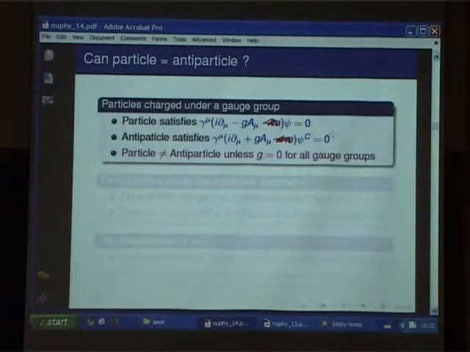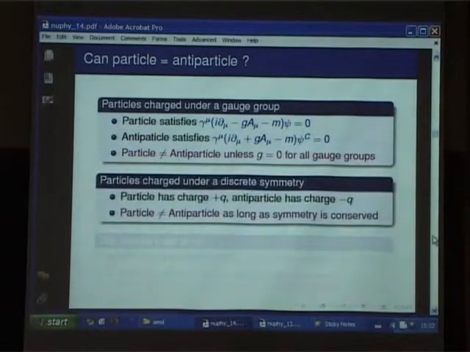This has to hold for all gauge groups. I have only written down one gauge group here, but it should be true for all gauge groups. So that's one condition. Secondly, it's possible that there are some discrete symmetries, like parity.